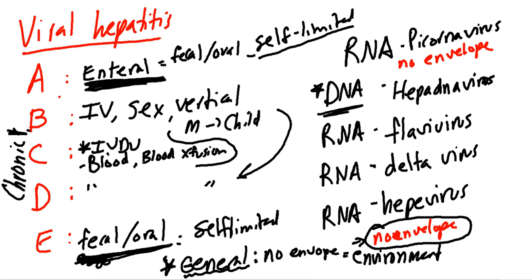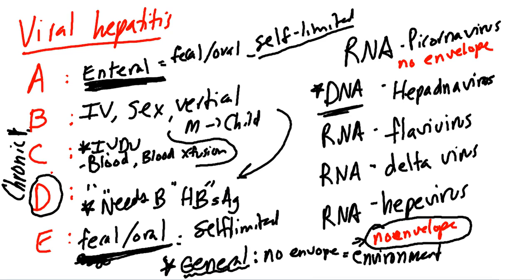Maybe I should cover a little bit more about these. So hepatitis D, you're going to require B for transmission. That is a major high yield test point. Hepatitis D needs B. You're going to need the hepatitis B surface antigen, HBsAg, for infection with hepatitis D. So you need to co-infect.